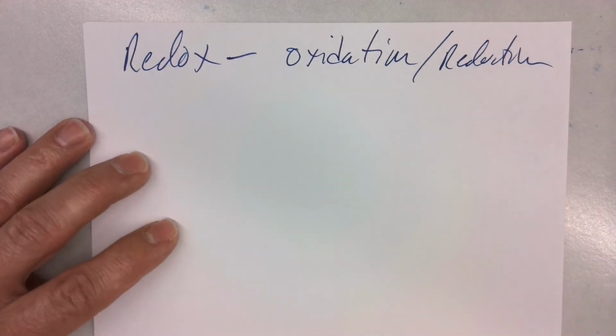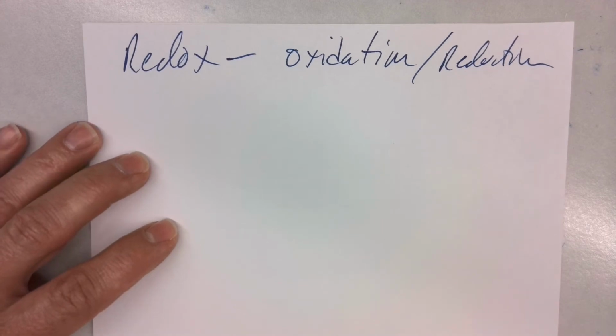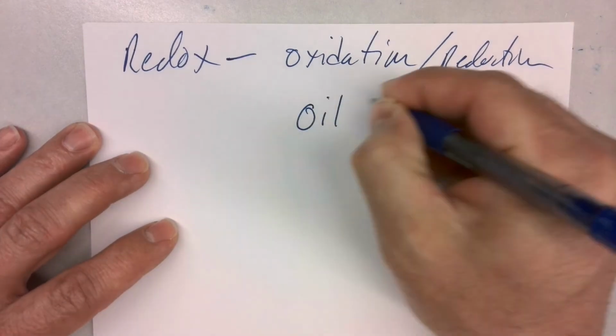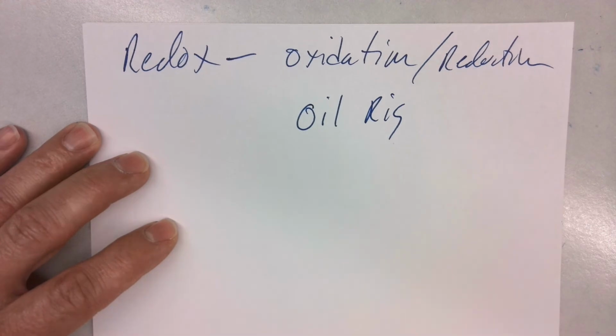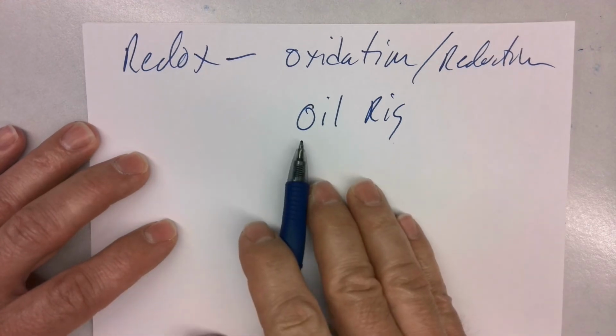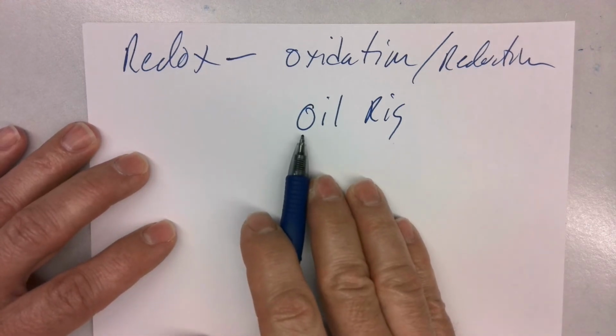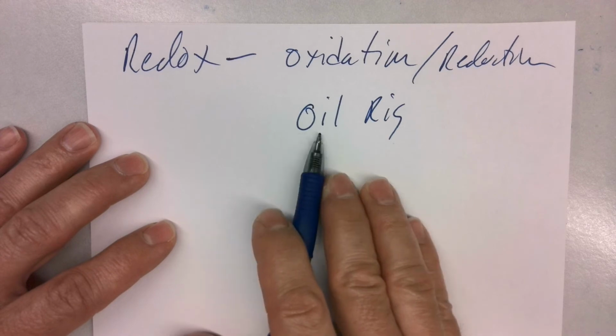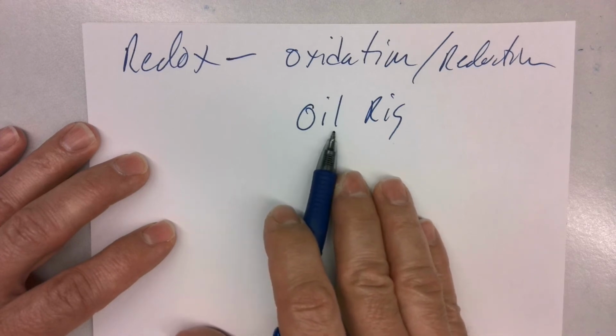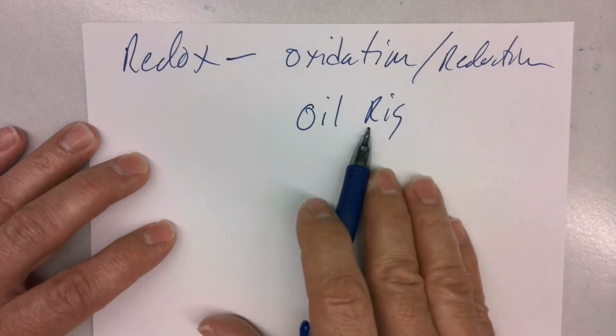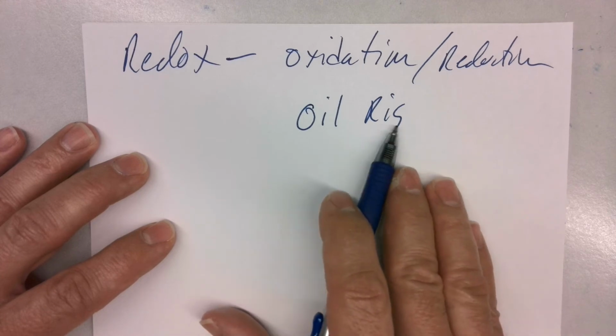I taught you a little mnemonic device here. Oil rig. Oil rig, right? Oil stood for oxidation is loss of electrons. And reduction is gain of electrons.